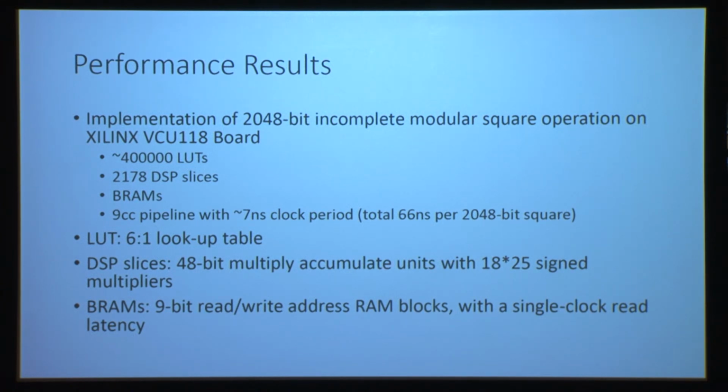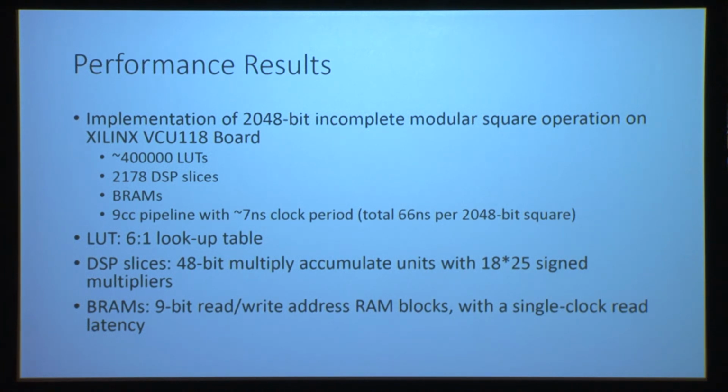We're not using the multiply accumulate. We're only using the multiplier, the 18 by 25 signed multiplier, to do a 17 by 17 unsigned multiplication operation. It has BRAMs, which has 9-bit read-write address RAM blocks with a single clock read latency. That's what we need. We need a single clock read latency for the big lookup tables that we produced.